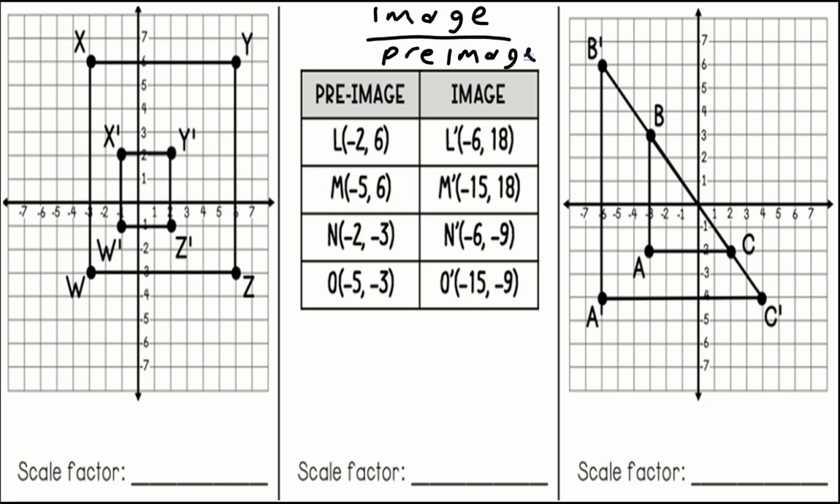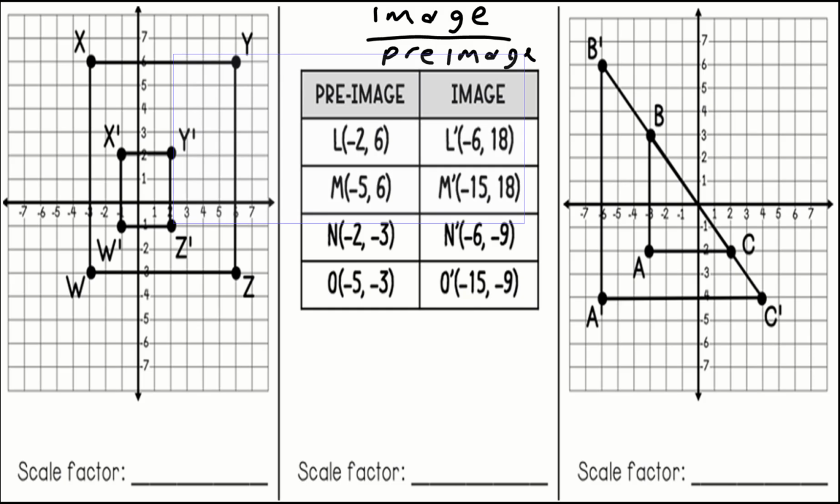So if I look at this one on the left, the prime marks are on the smaller shape. That means it's getting smaller. That means we're going to have a fraction. So we need to take numbers from the image and put it over the pre-image. When you got rectangles like this, you just want to look at one of the x values, okay?